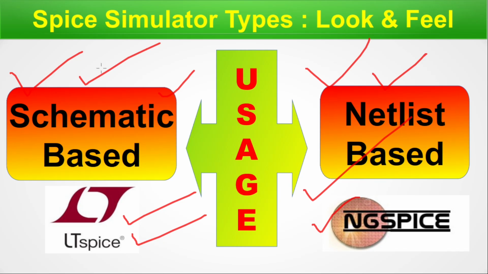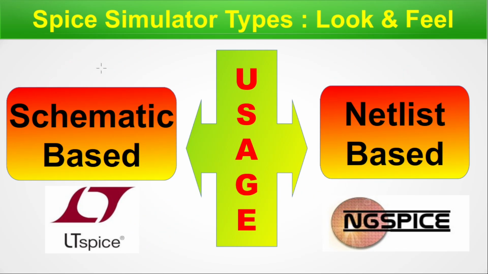So that's the basic categorization of the two different SPICE tools available either in open and free software or in the VLSI commercial EDA tools. So both have the same kind of divisions, that means the netlist based SPICE tool and the schematic based SPICE tool. We are done with this particular slide. So let's move on to the next slide.